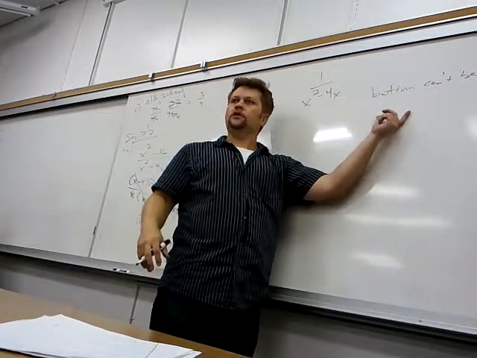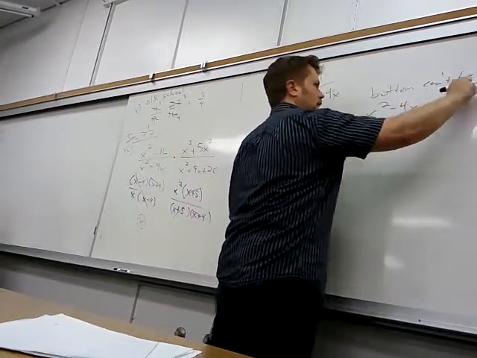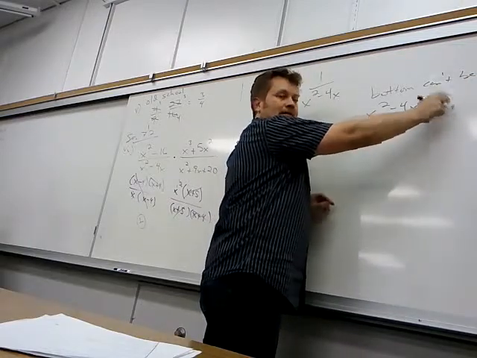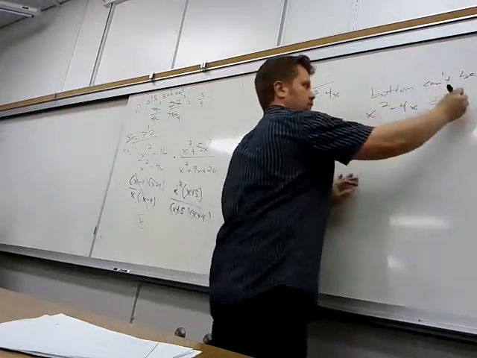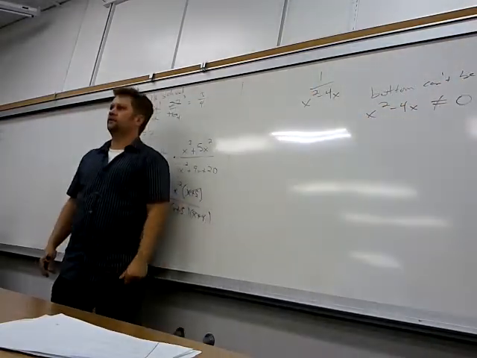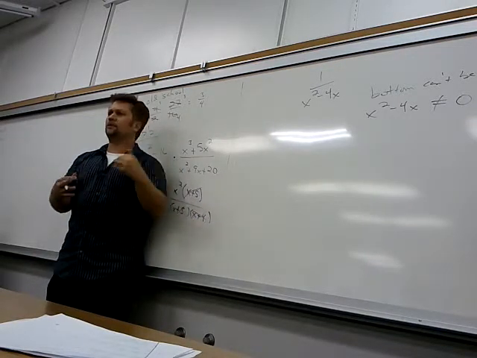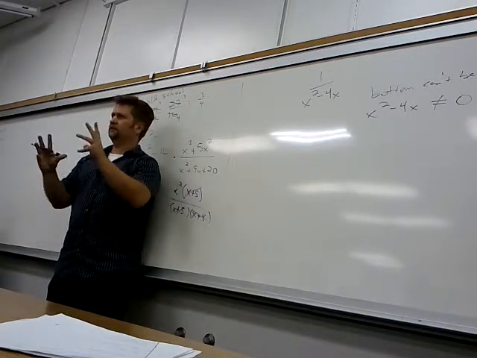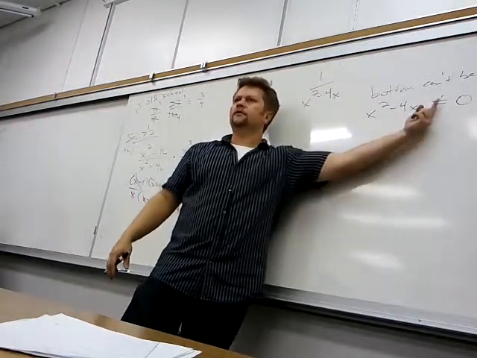The denominator, which is x squared minus 4x. How do you say can't be in math? Cannot equal, with the sign. I like it. 0. How do you solve that? We just did a whole section about it, and I know it says not equal to, but that works the same way as equals to. You solve it the same way. What do I have to do to this side to start to solve this?